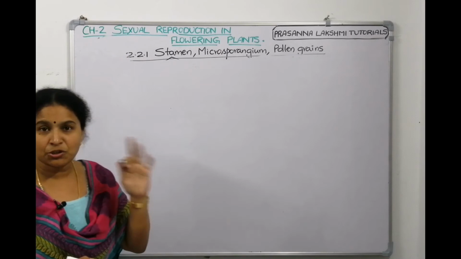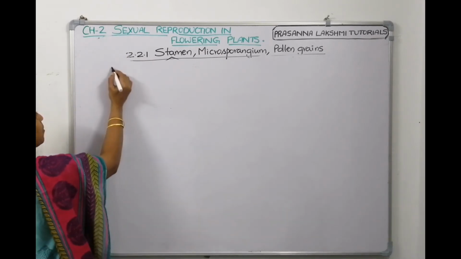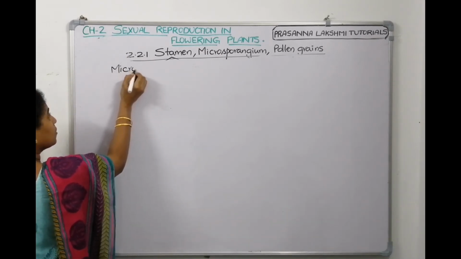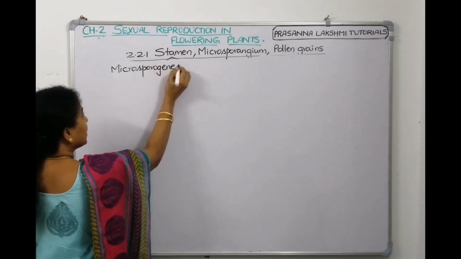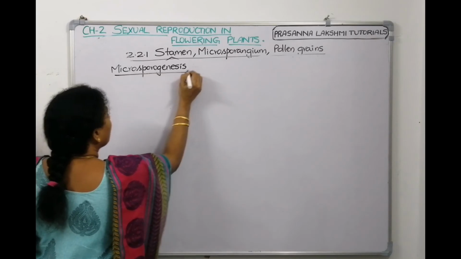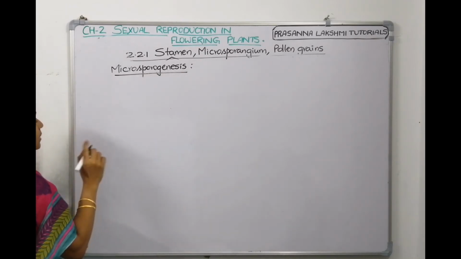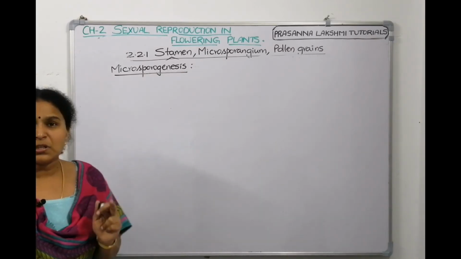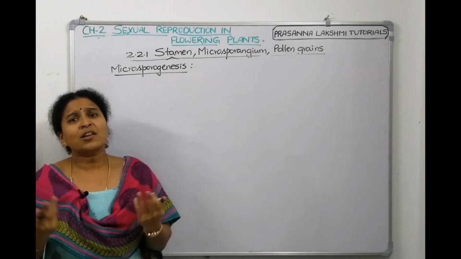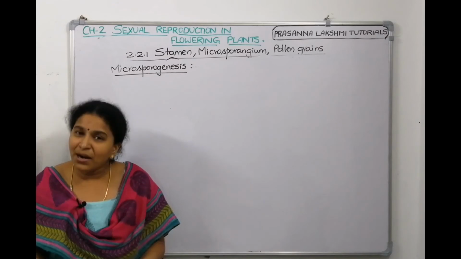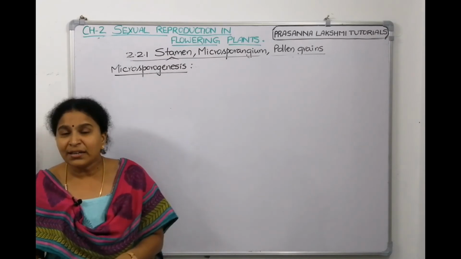We discussed the structure of microsporangium. Now let us talk about the process of microsporogenesis. What is microsporogenesis? It is the process of formation of haploid microspores from the diploid microspore mother cell or pollen mother cell by meiotic division.